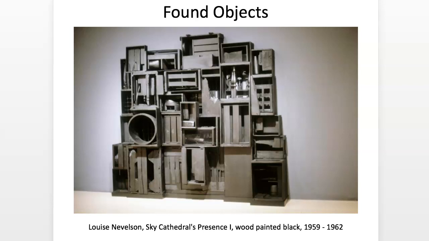Ready-mades are what these are sometimes called, and she would appropriate and use them together to create this thing, and then bring visual unity by painting a color. There's a lot going on here. It brings in the history of the form, the actual felt history of the object, and talks about finding things and collecting and all sorts of interesting things that we could go on and on about.